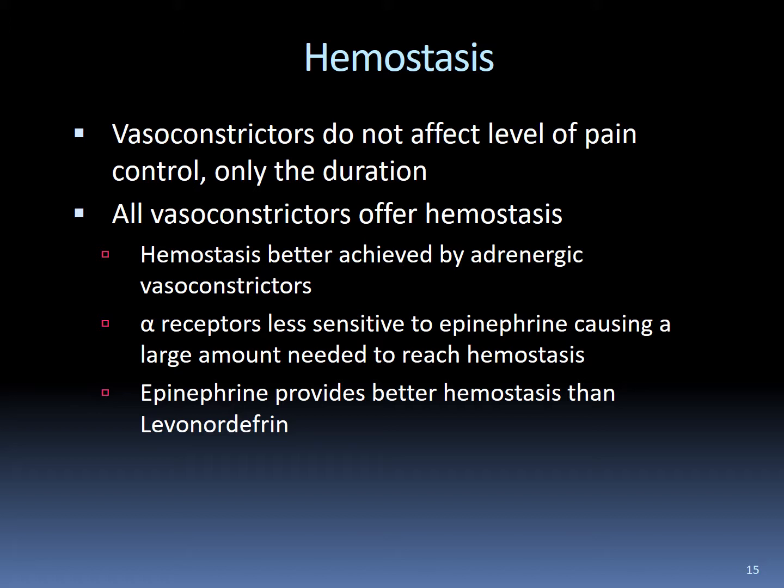The alpha receptors are less sensitive to levonordefrin, causing a large amount to be needed to create hemostasis. So epinephrine provides better hemostasis than levonordefrin, but when there is a situation where we cannot use epinephrine, our next selection in the case of needing hemostasis would be levonordefrin, which is only in mepivacaine 2%.